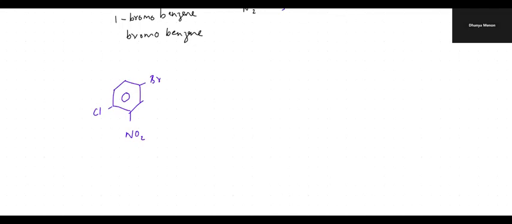Looking at the alphabetical order, suppose bromine is given number 1. We want to get lower numbers for all other substituents. So this is the 2nd, 3rd, 4th, 5th position. Our substituents are at the 1st, 3rd, and 4th positions.